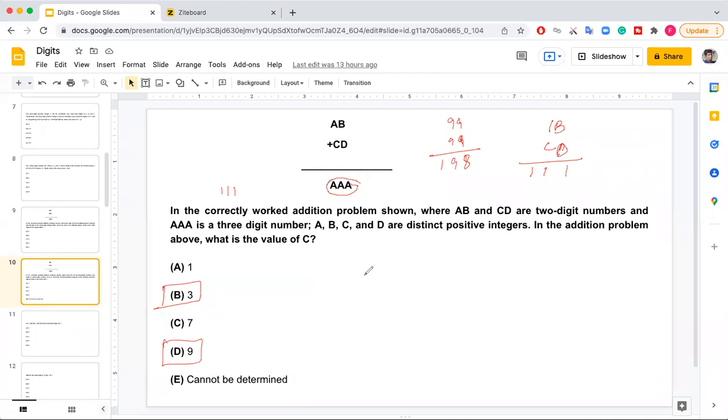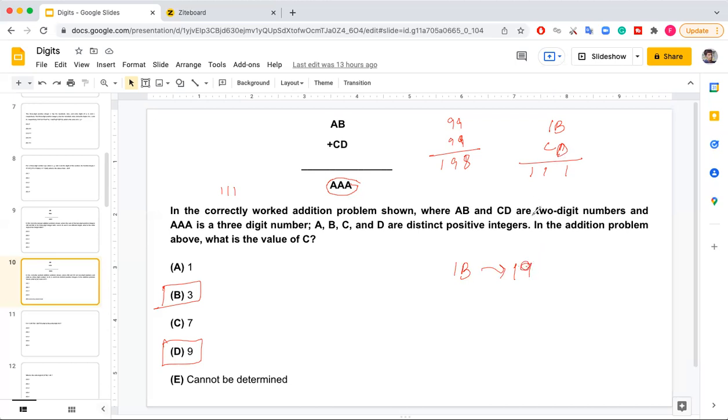Okay, now how will we proceed from here? Now let's consider a case. We have 1B. What is the maximum possible value of 1B? That is 19. I'm considering the maximum value.